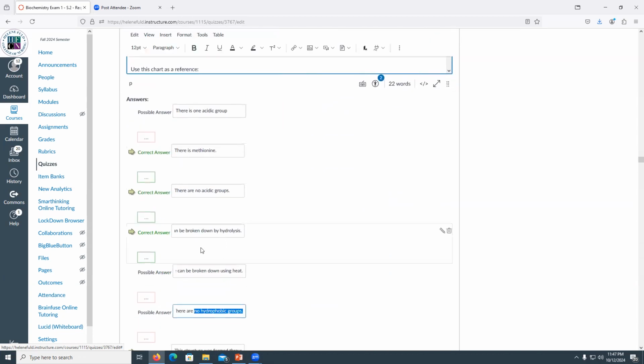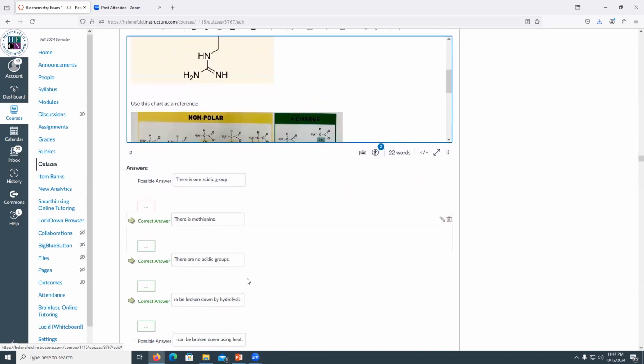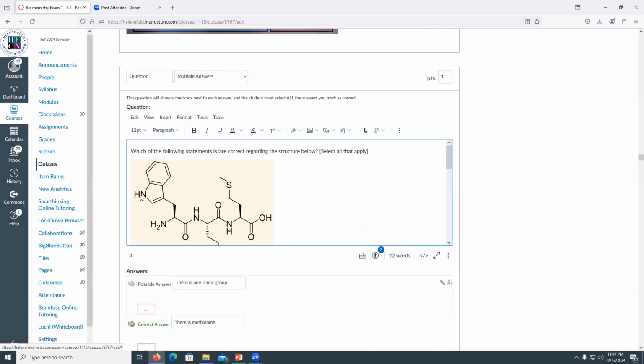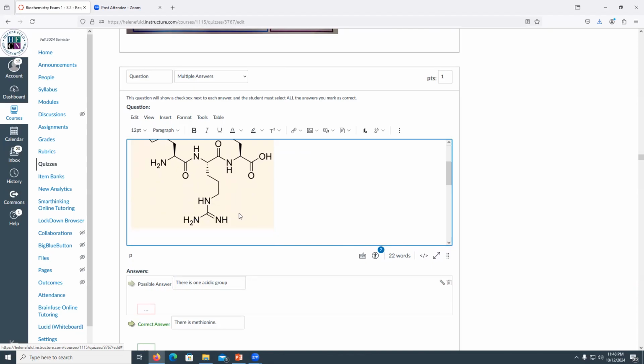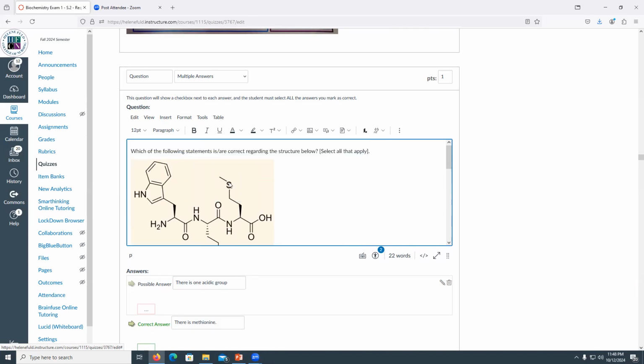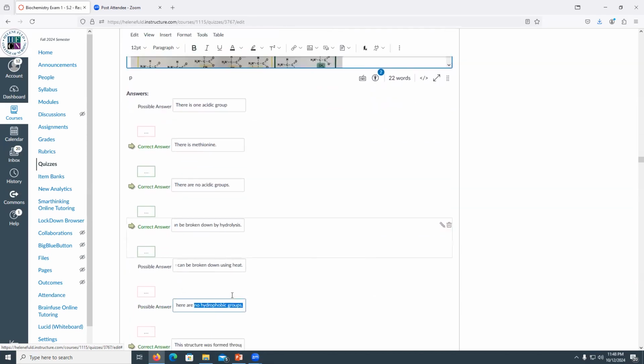So that's not true. There's a hydrophobic group. And the other one, this one, it cannot accept any more hydrogen, so it's also hydrophobic. And these guys, they can accept. So this here is a polar group. So there are polar and there are non-polar groups.